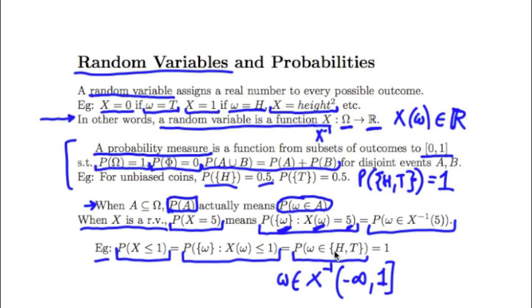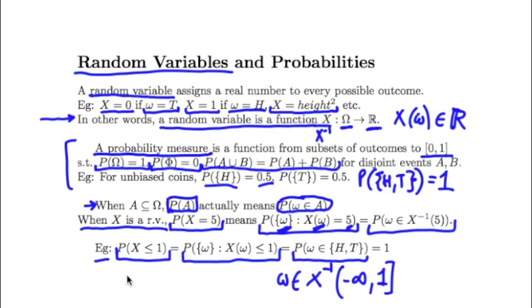Those are exactly the events for which X maps to the set (minus infinity, 1]. Specifically, it maps to only 0 and 1, but there's no harm in writing it this way. And what is the probability that omega lies in {H, T}? That's 1, because there is no other possible outcome.